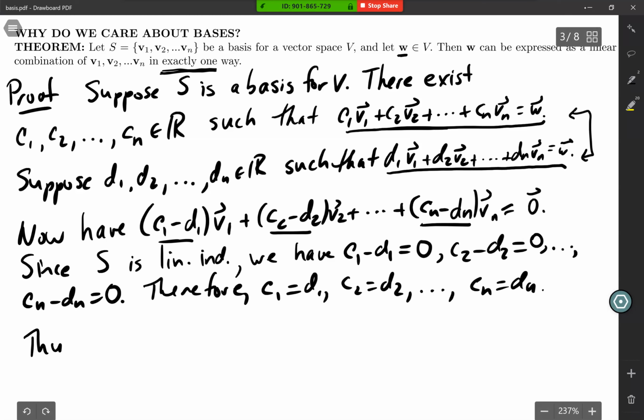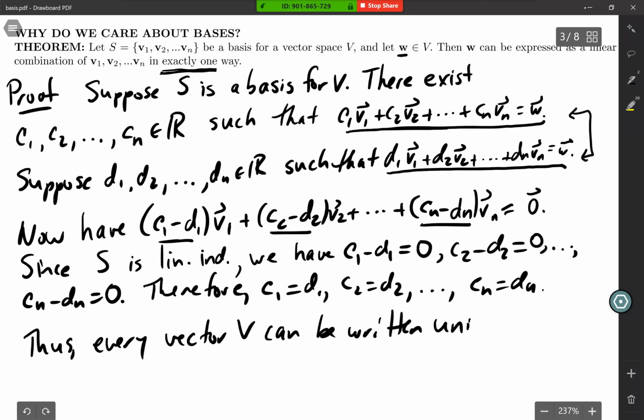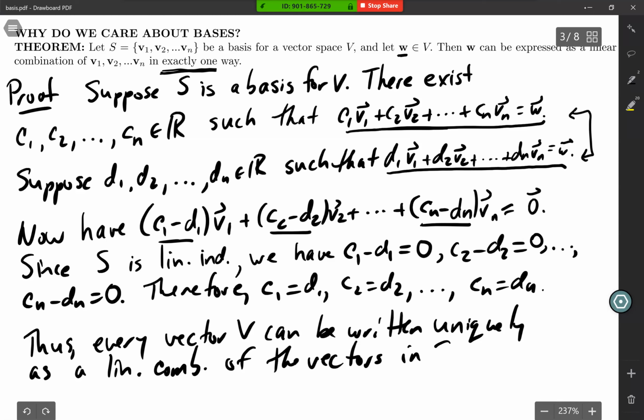So you could say thus every vector in V can be written, I'll even just say uniquely, as a linear combination of the vectors in S. You can write it that way if you'd like. Okay, thank you. Yep, you're welcome.